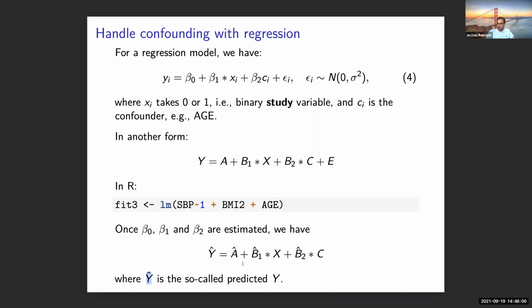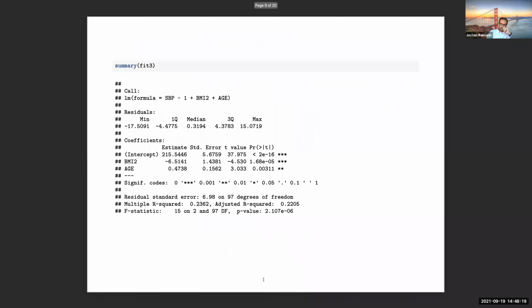And y hat is our so-called predicted y. Just as a reminder from introductory statistics, we have a y hat and a y bar. Y bar stands for the mean y, and y hat stands for the predicted y. I'm just mentioning this to make sure that this is clear.